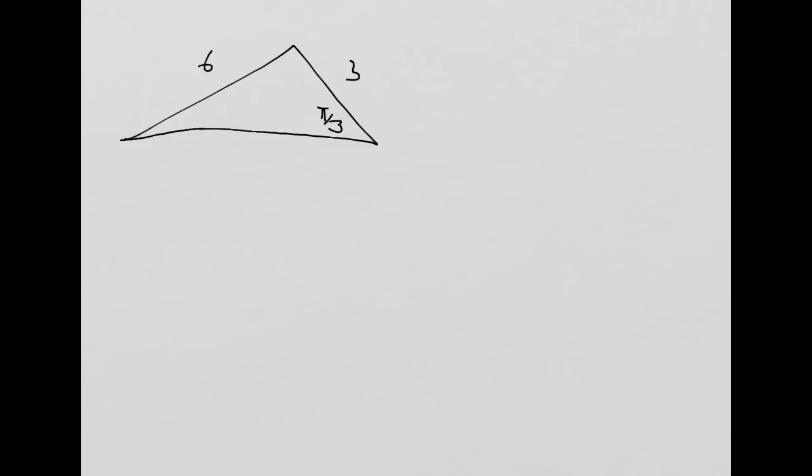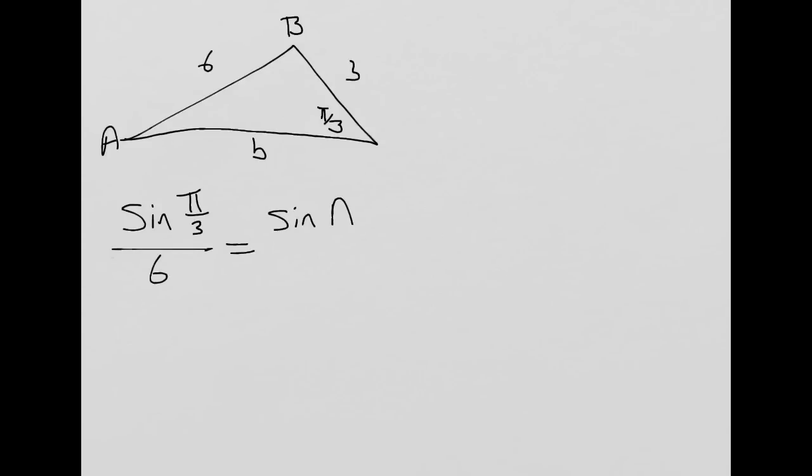I should still be able to use the law of sines, but I'm not able to preemptively figure out all the angles. Let's call this angle capital A, this one capital B, and this side little b. That should help keep things in check. So, law of sines: sine of pi over 3 divided by 6 equals sine of capital A over 3, equals sine of capital B over b.